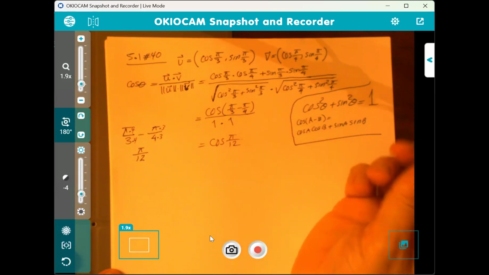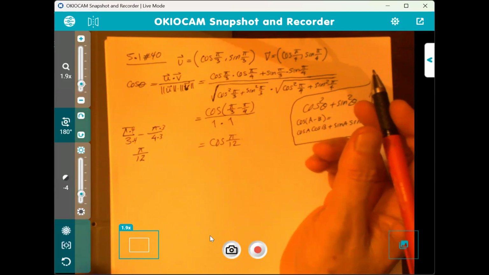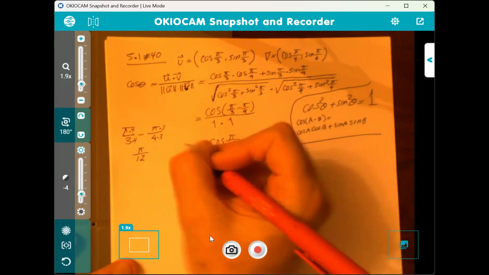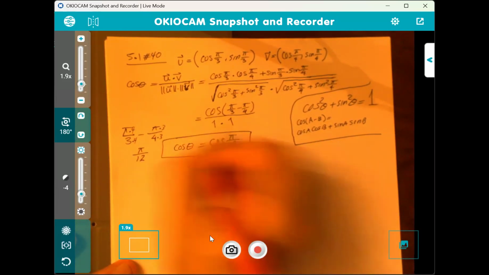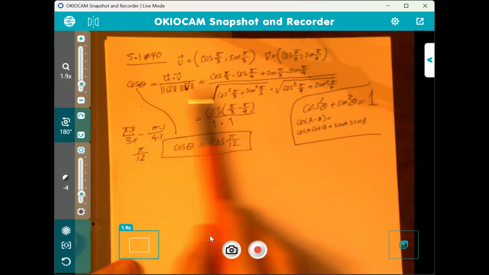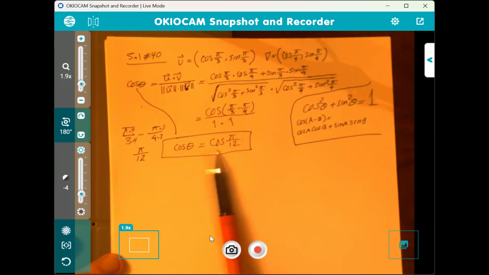Right? So how are we going to find, oh, we actually found, see, isn't this cosine theta on the left side? That was the formula. We just followed the formula for cosine, and this is what we got. So from this last equality, can I say what theta is?